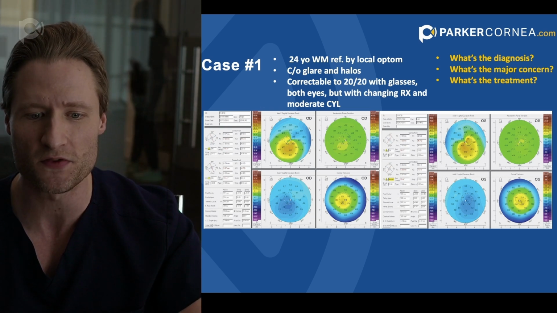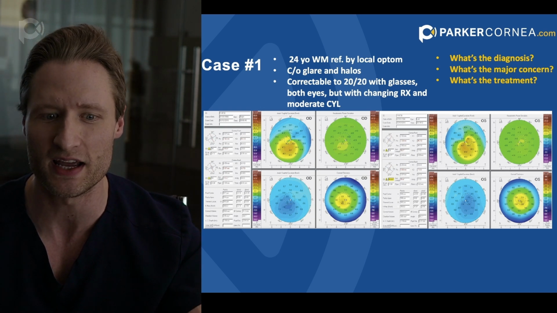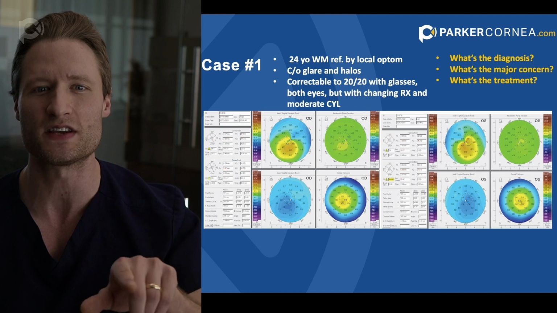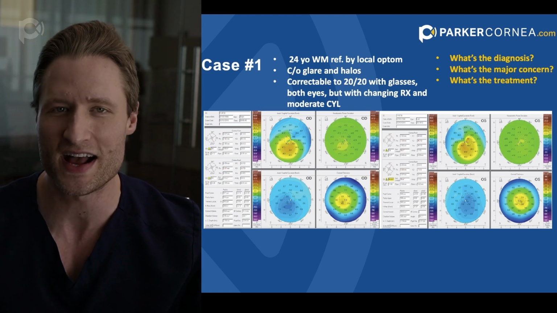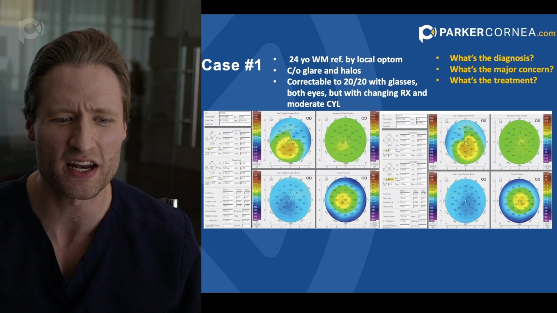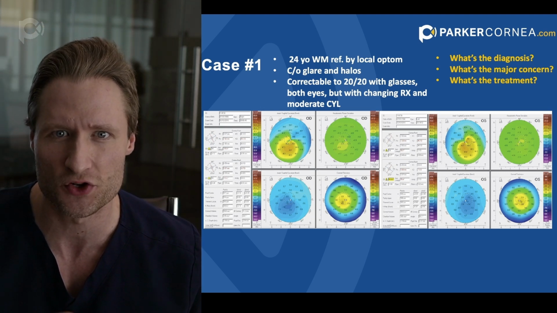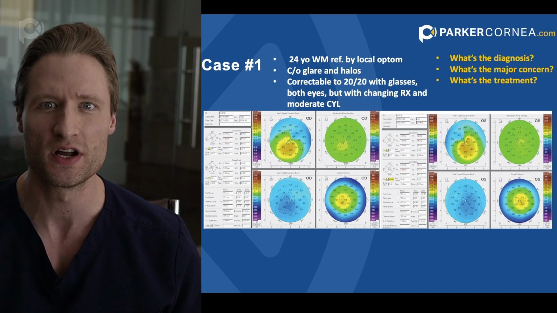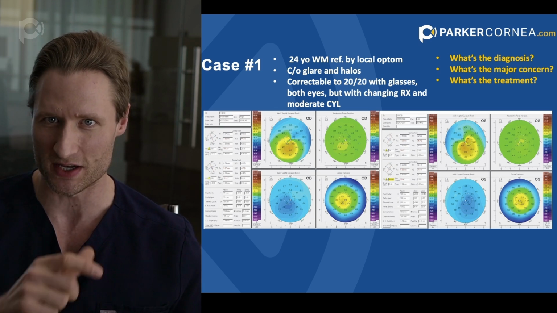And what you'll notice from these 4 maps displayed in each eye, the most salient is the upper left image for both eyes, and that's the axial curvature. What you can see displayed here is that the axial curvature map shows that the cornea is inferotemporally steepened.